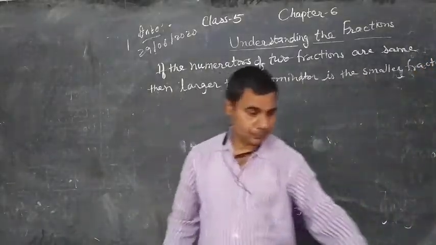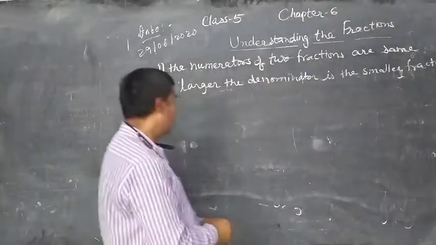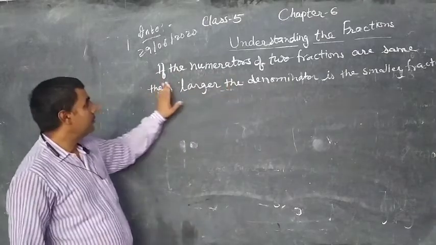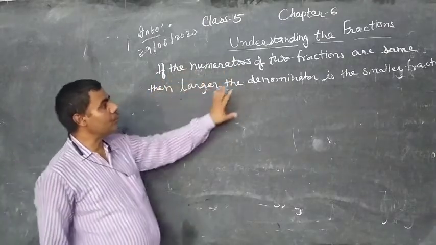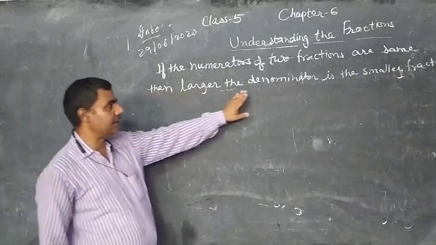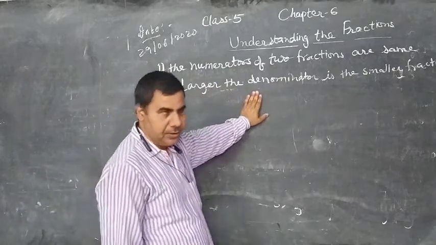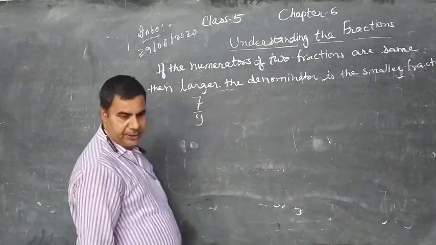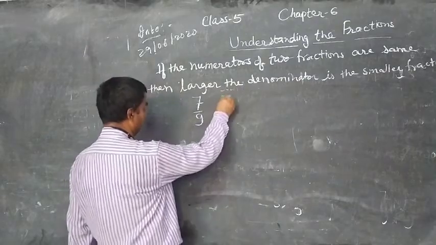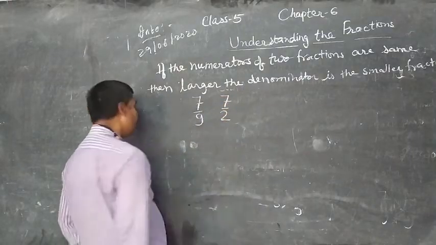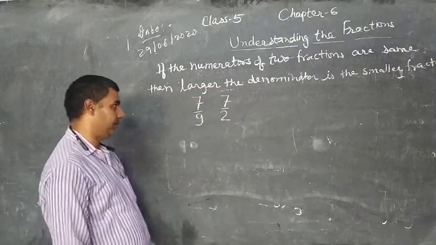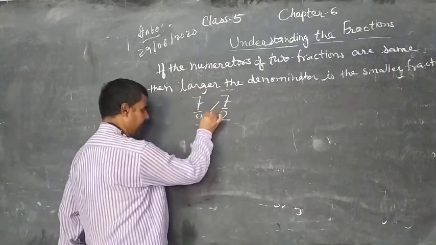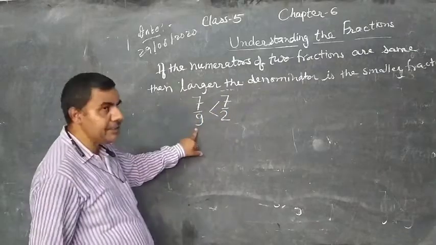Let us see some examples. Like here are two fractions, 7/9 and 7/9. Here numerators are same. So larger denominator is the smaller fraction.